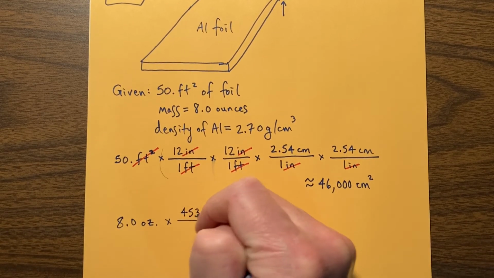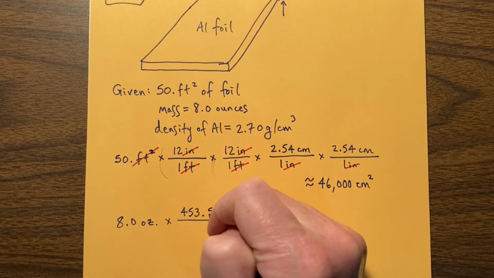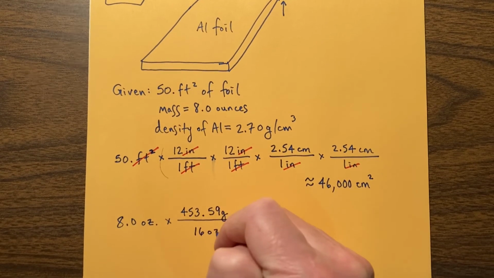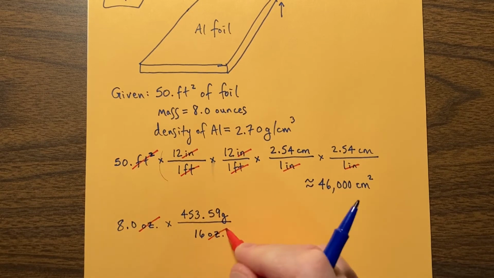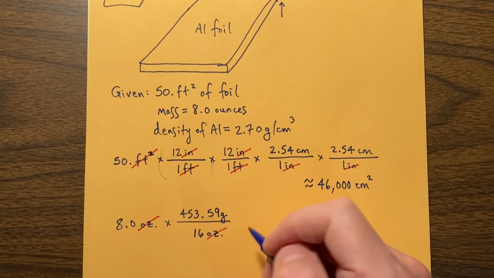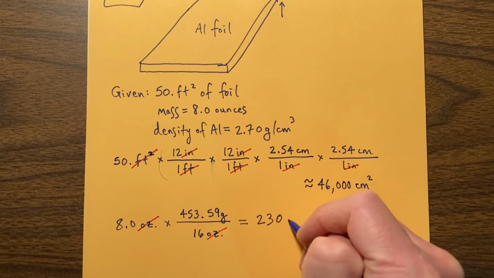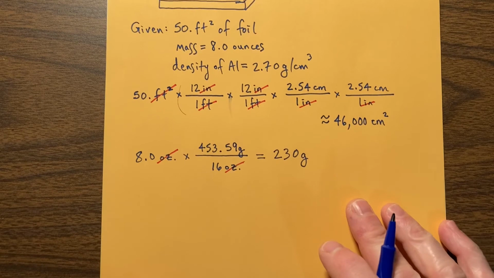If I looked it up on the internet or in your textbook, you'd find that there are 453.59 grams for every 16 ounces. So ounces on top cancel with ounces on the bottom, and I'd have, to 2 sig figs, about 230 grams.